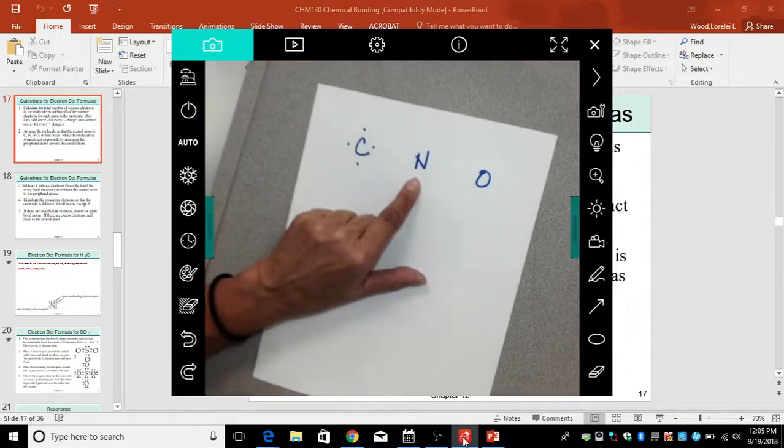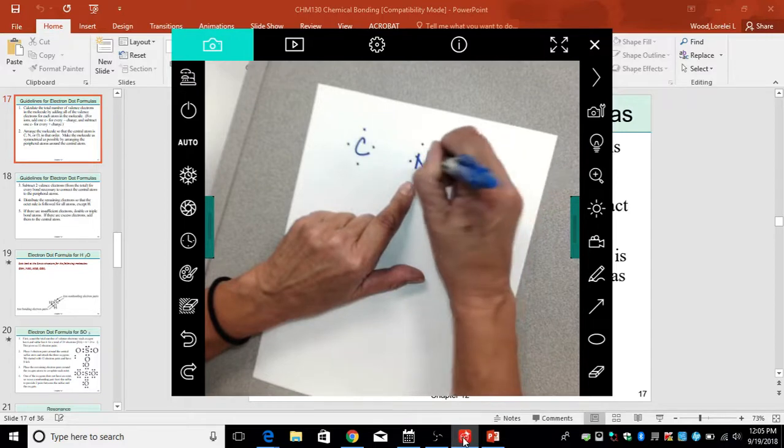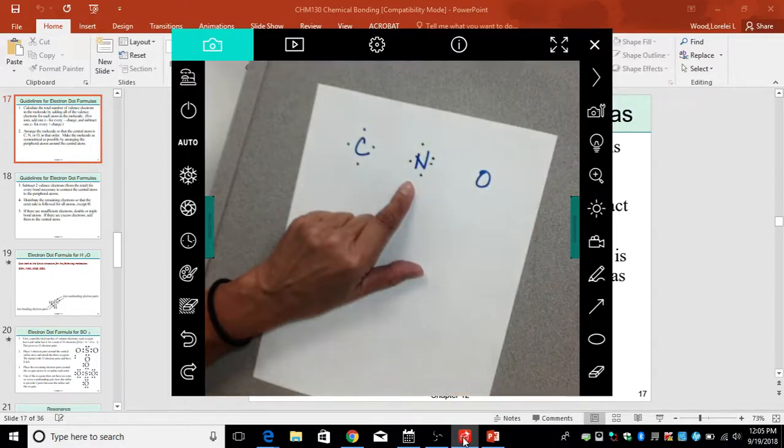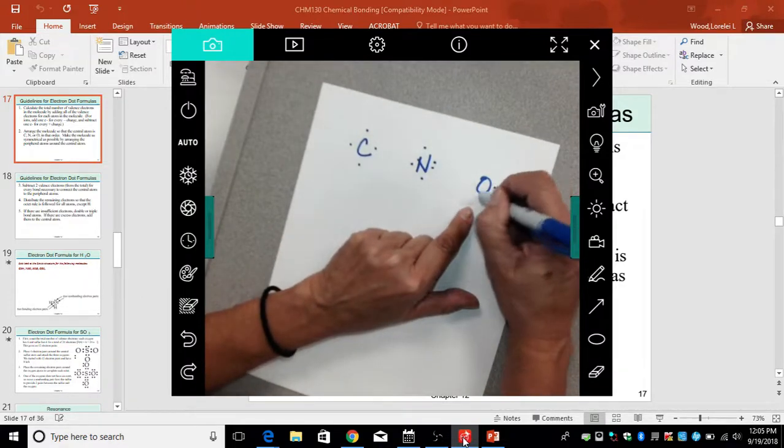Nitrogen has how many valence electrons? 1, 2, 3, 4, 5. Now how many opportunities to bond does nitrogen have? 3. Only 3. So more valence electrons does not necessarily mean more opportunities to bond, right? Oxygen has how many? 1, 2, 3, 4, 5, 6.